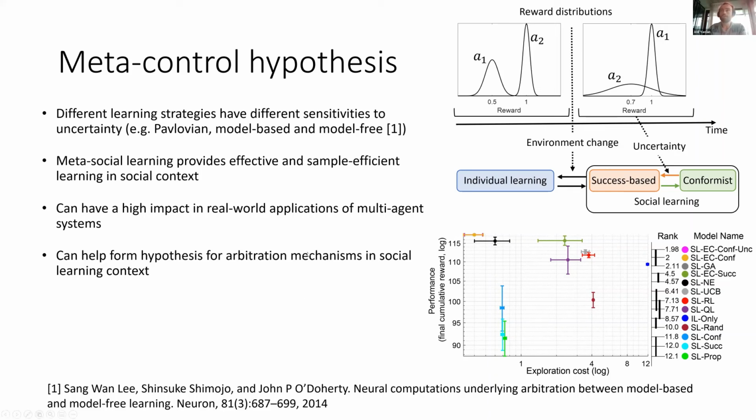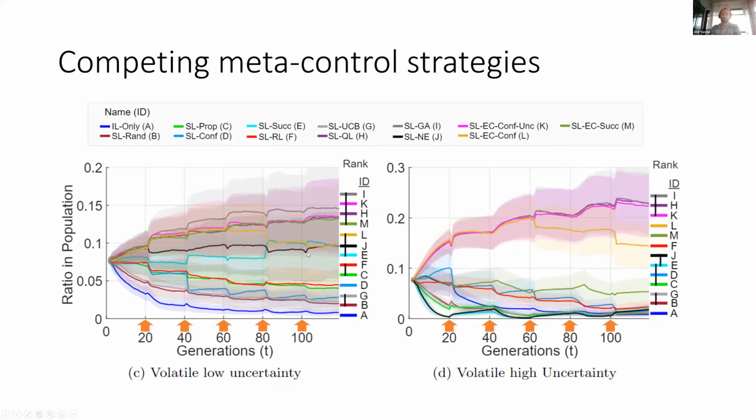Another way of looking at it is from the evolutionary game theory point of view. We have these different meta control strategies. Each of them can switch between these strategies in the environment.